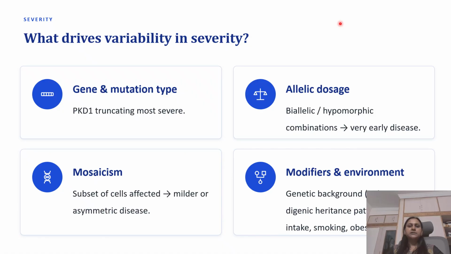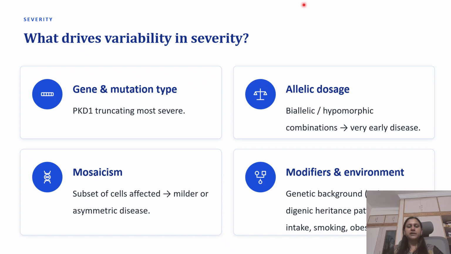So severity isn't determined by the gene alone. What drives the variability in severity? First, as we already discussed, the type of mutation: PKD1 truncating at the severe end, PKD2 at the mild end. Allelic dosage matters; biallelic or hypomorphic combinations can produce very early severe disease. Mosaicism, where only a fraction of the cells carry the variant, tends to give milder or asymmetric disease and can complicate testing.